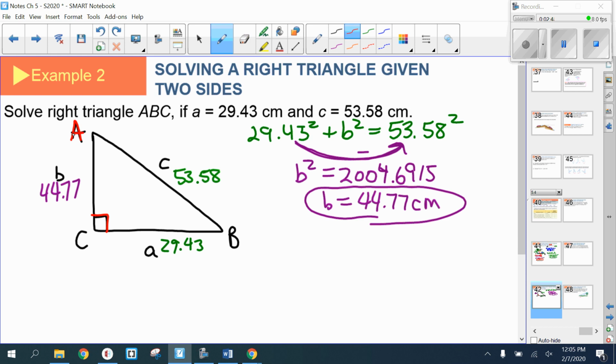So if you notice, here's your angle. That's opposite, and that's hypotenuse. Sine is opposite over hypotenuse. So if I want to find angle A, I can say sine A equals opposite over hypotenuse.